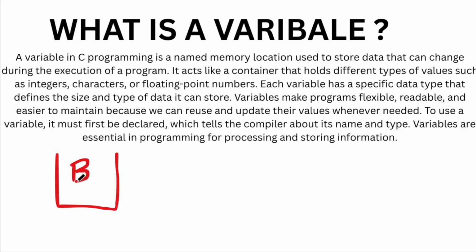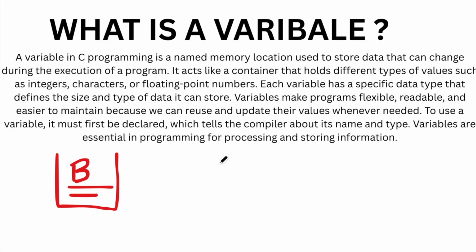Inside it we store books. Just like this, we can consider this box to be a variable, and the books inside it are data. In programming, we label a memory location and store some data in it. This labeled space, this box, is called a variable.